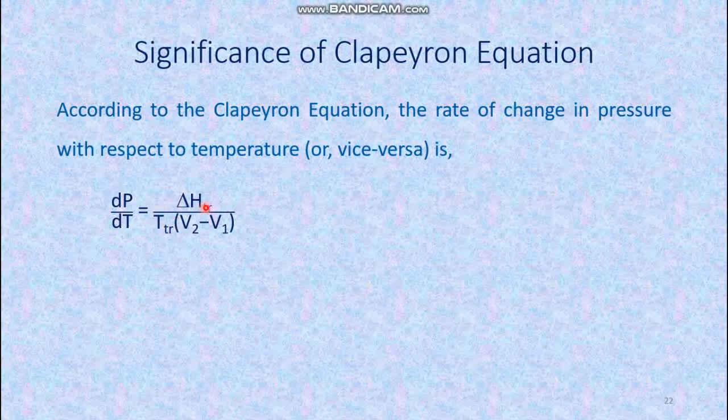If you write transformation, then it covers generally all types of phase transformations. And this is V2, that means the volume of state 2 after the transformation takes place, and before the transformation the volume of state 1 is V1.